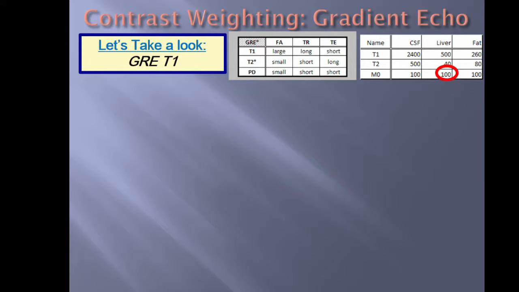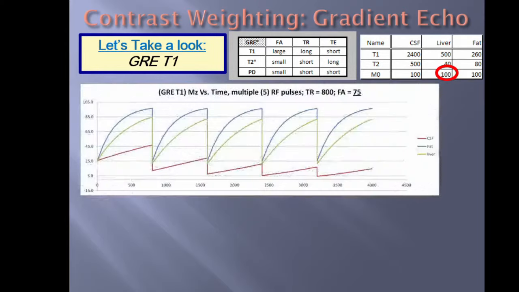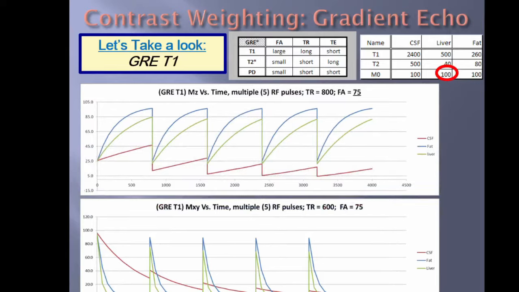All right, let's take a look at T1 weighted imaging. Remember, in order to get a T1 weighted image, you want to have a larger flip angle and a longer TR. Now we're starting to see on the top the same thing that happened with the spin echo sequences, where CSF, or the fluid things with long T1s, are saturating out.